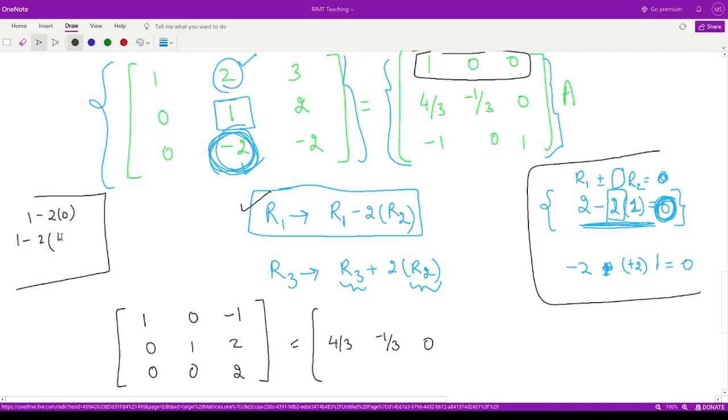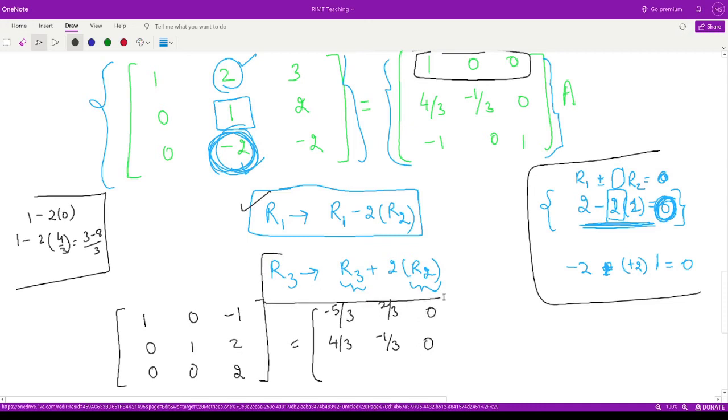R2 is 4 by 3. So how much is that? 3 minus 8 divided by 3, so minus 5 by 3. Right. Next element, 0 minus 2 times R1, so that would be 2 by 3. And the third element, 0 minus 2 times 0, so that would just be 0.